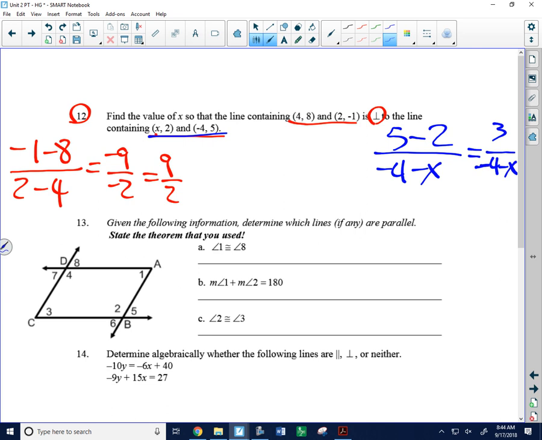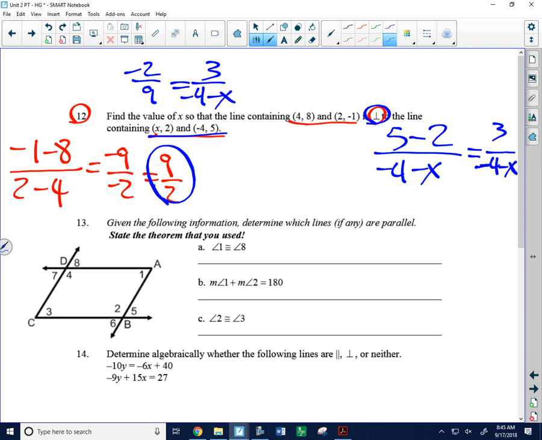You cannot simplify that. All I'm going to do is, these are the slopes of the two lines. I know that they're perpendicular, so I can flip this one and make it negative, and then it will be equal to that one: 3 over negative 4 minus x.